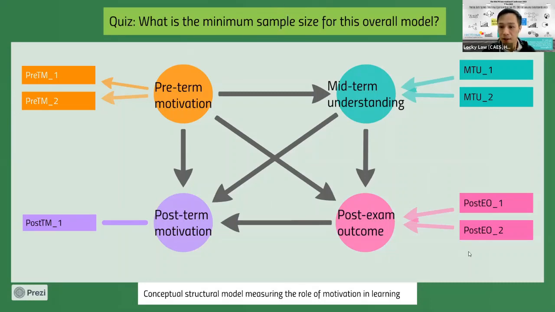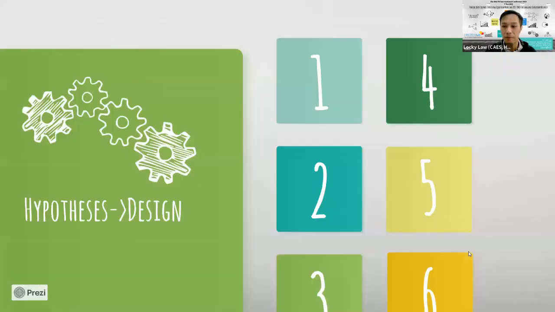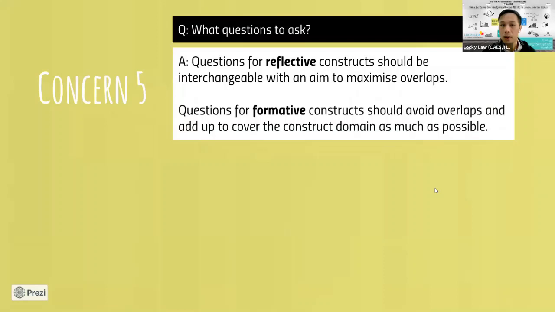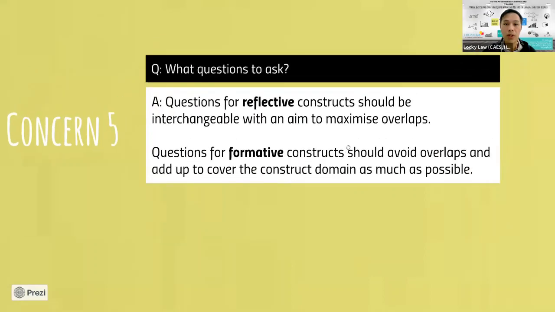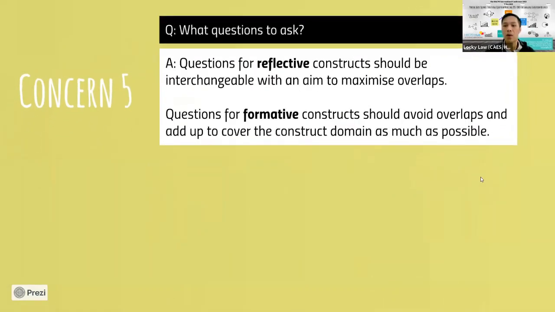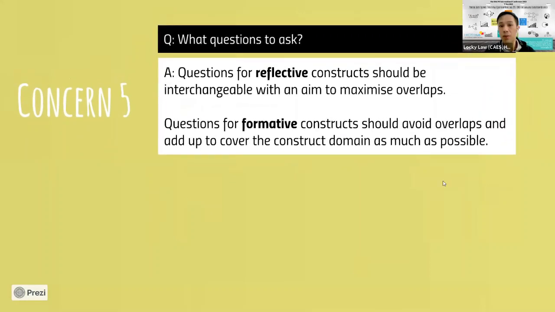Okay, and then let's move on to concern number 5. What questions to ask then? So now that we know we're going to use reflective constructs and formative constructs, what questions should we ask?